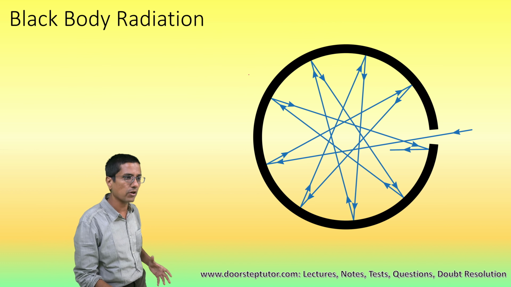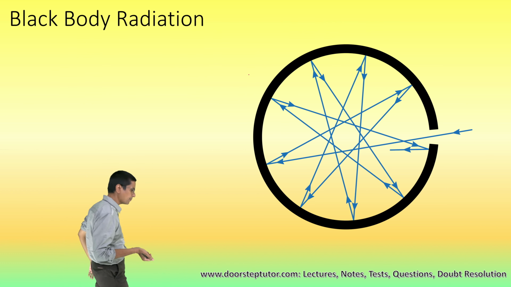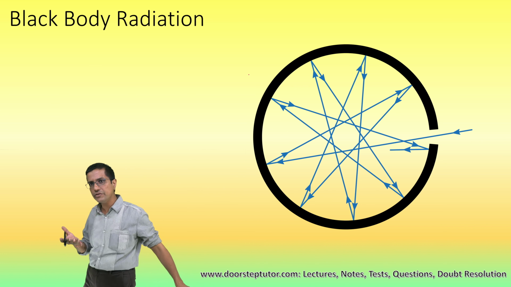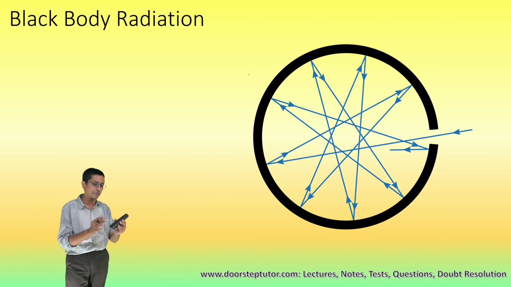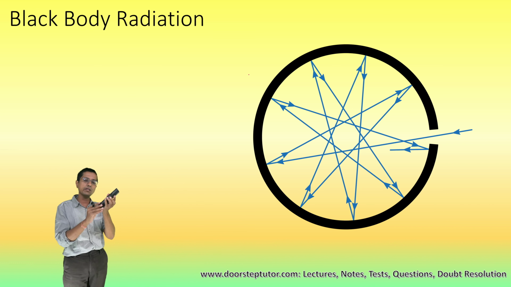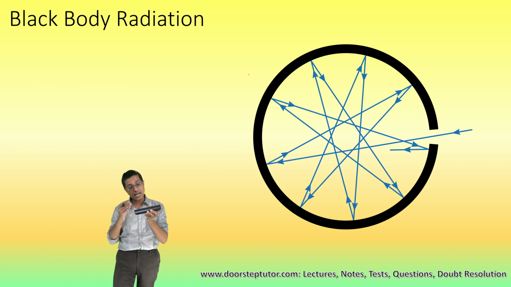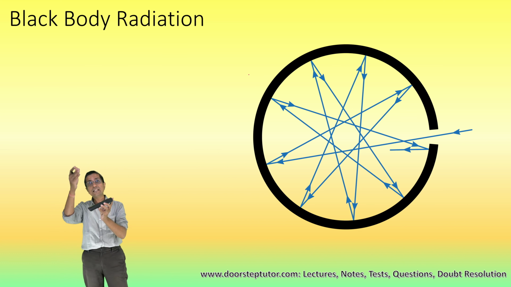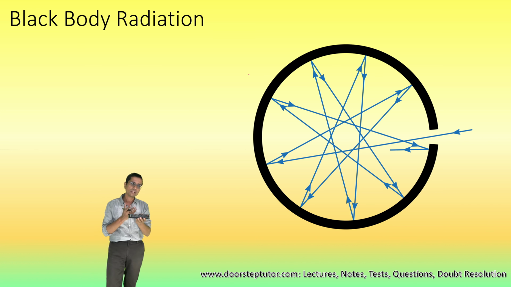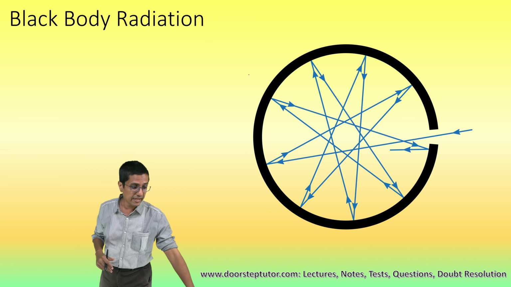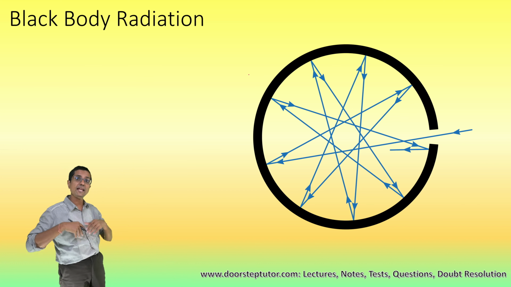Now another concept which should be introduced at this point is black body radiation, or the concept of a black body. Why are we introducing it? Because it has become very simple for us to introduce. We already know that this remote appears black because it is absorbing radiation, but still I am able to see that some light is being reflected back from this object. That's why I am able to see it in the first place. A black hole is the one object which does not reflect back any radiation.